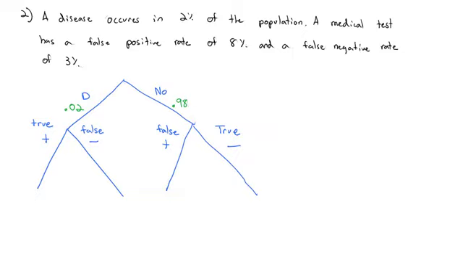By getting everything labeled, it's going to help us when we see a false positive rate of 8%. That's the false positive branch of 0.08, which means the other half, subtracting from 1, must be 0.92. The false negative rate of 3%, false negative is the second branch of 0.03, and the true, subtracting from 1, is 0.97.